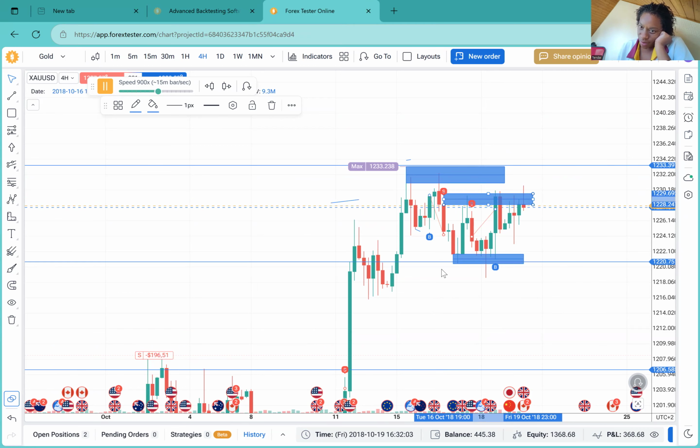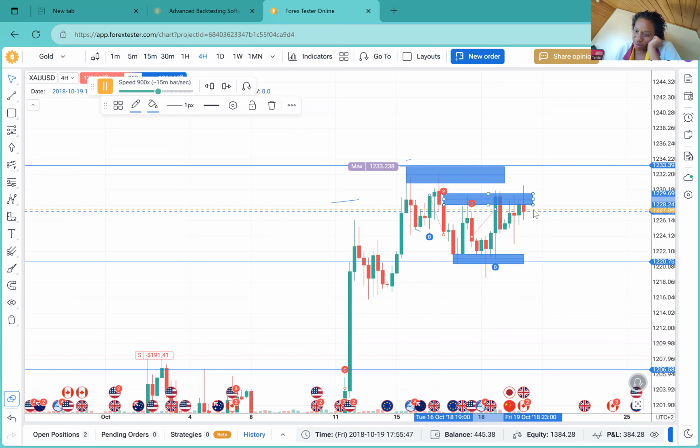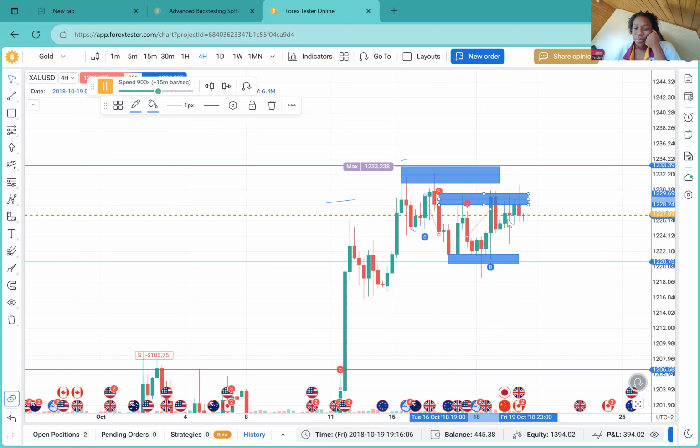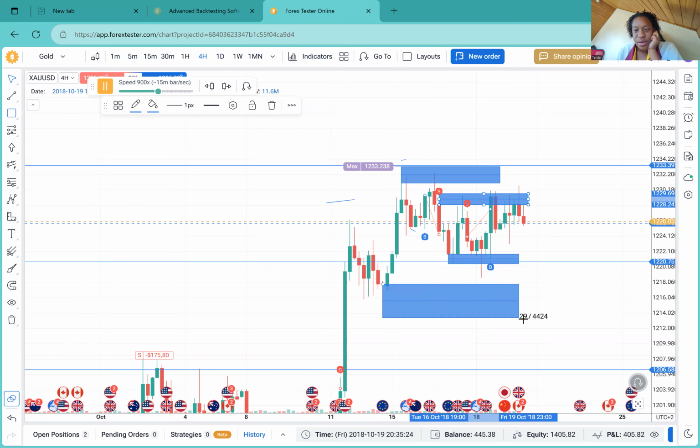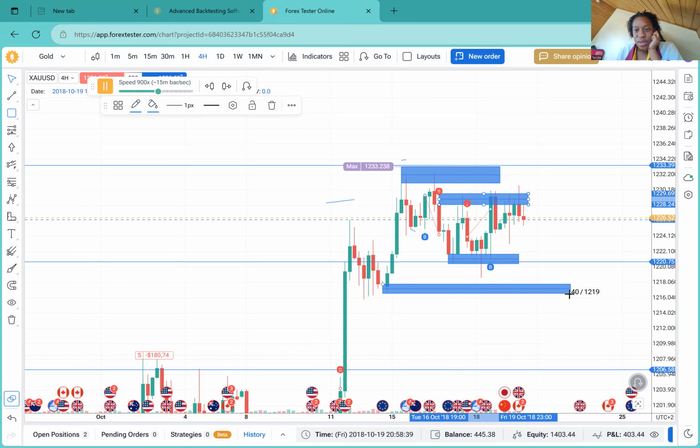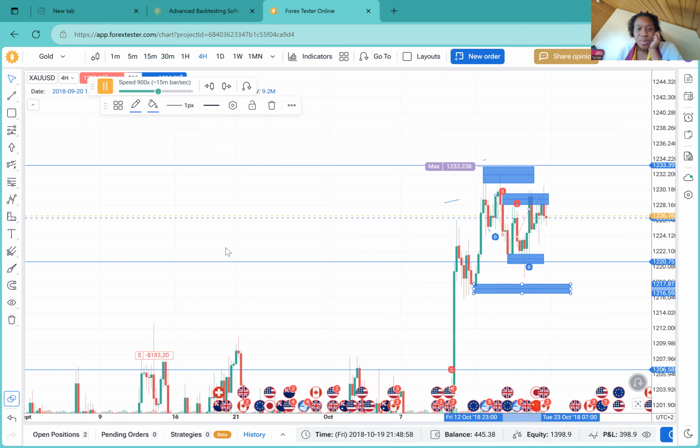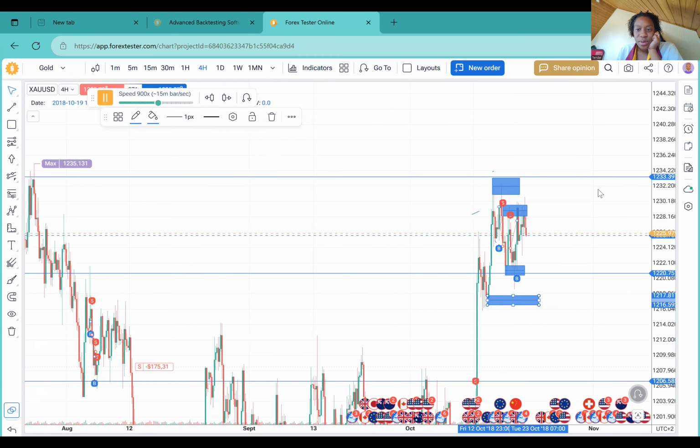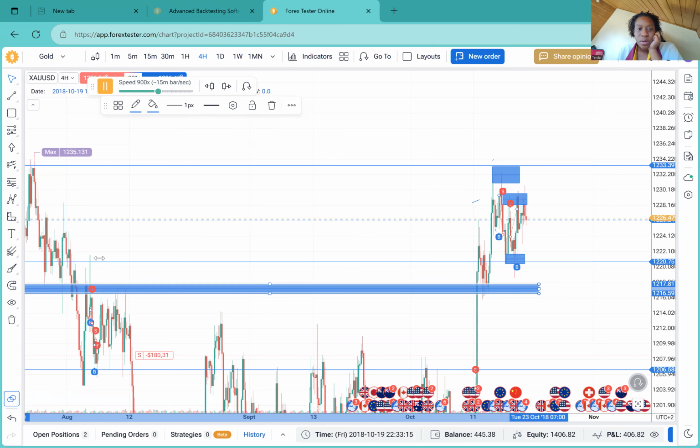Very strong area, and a lot of indecision taking place over there. This is another significant area. You have some support here where buyers are. I think it's also significant previously. Let's see.